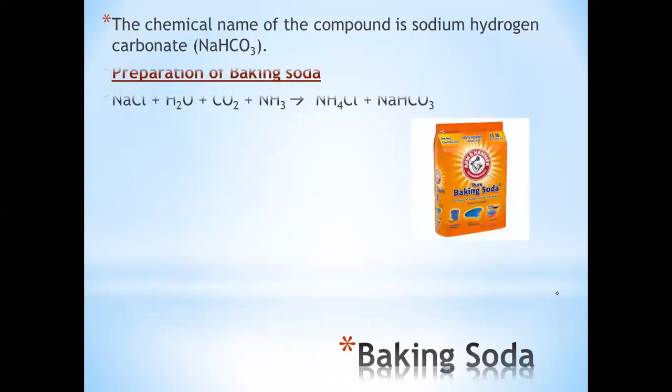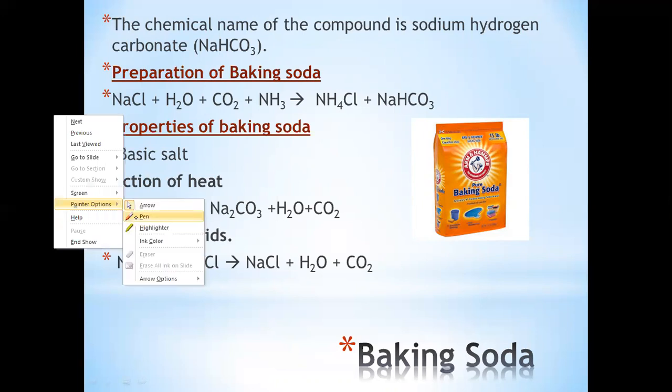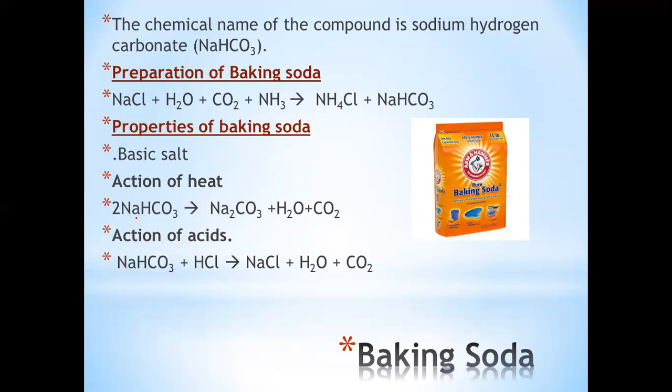Next compound is baking soda. Chemical name of baking soda is sodium hydrogen carbonate. Its formula is NaHCO3. It is also known as mitha soda. Preparation of baking soda, that is sodium hydrogen carbonate, by Solvay process or ammonia soda process.